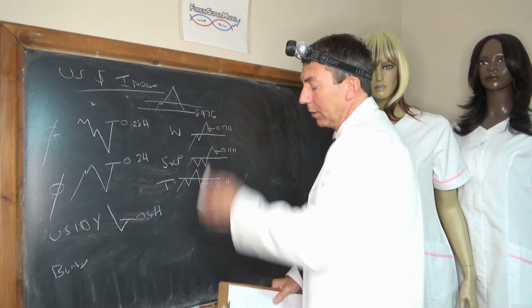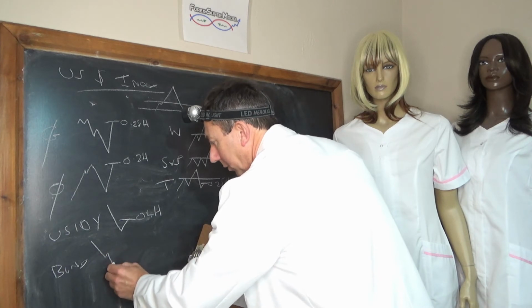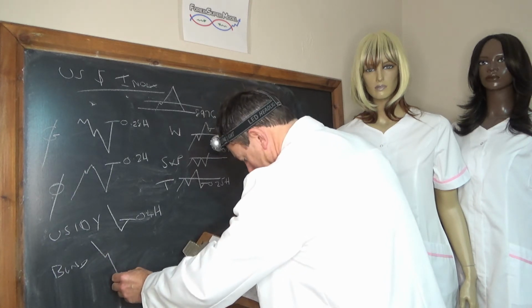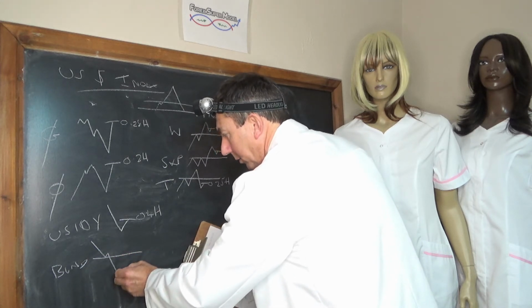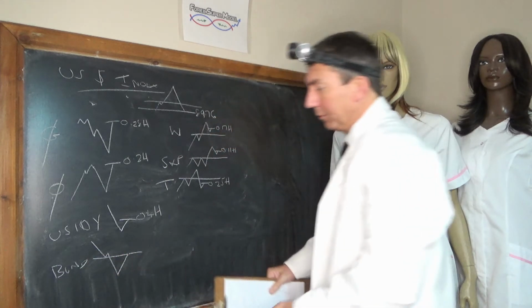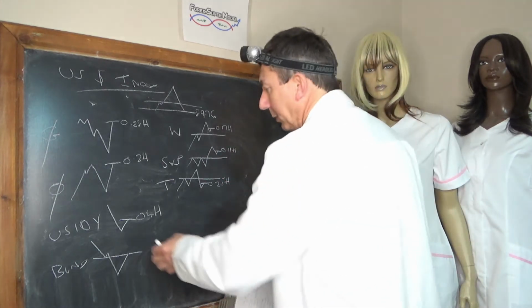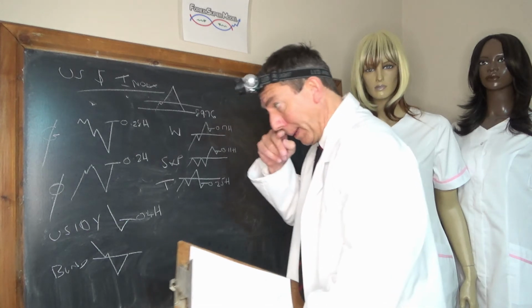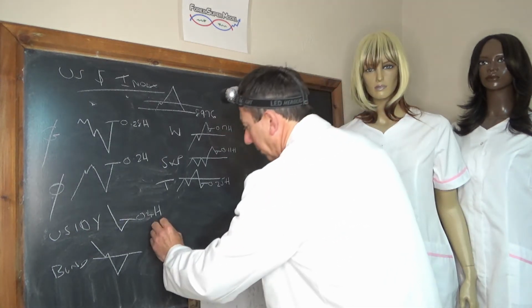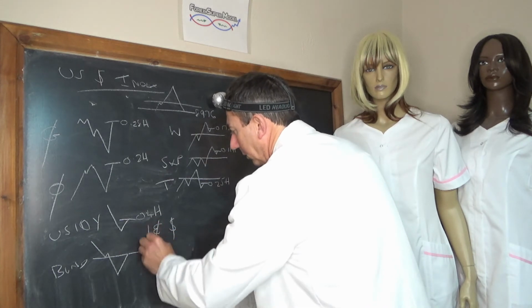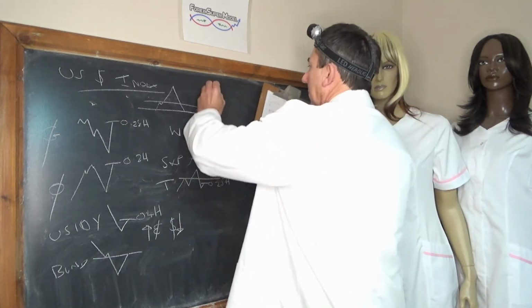So yields have come off again, and the bund broke, and it's now at this support after the break. So the price has come back up, but relatively speaking, European yields are outgunning US yields, and this will have a positive effect on the euro dollar. So in theory.